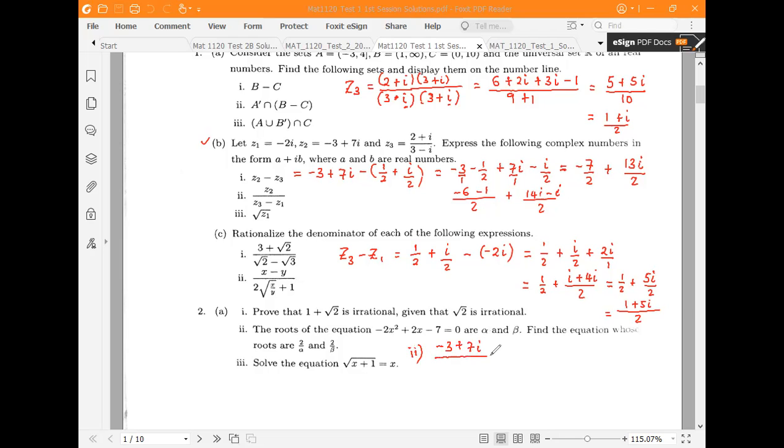So we're dividing this by 1 plus 5i over 2. That is 2 times minus 3 plus 7i over 1 plus 5i. Like that.